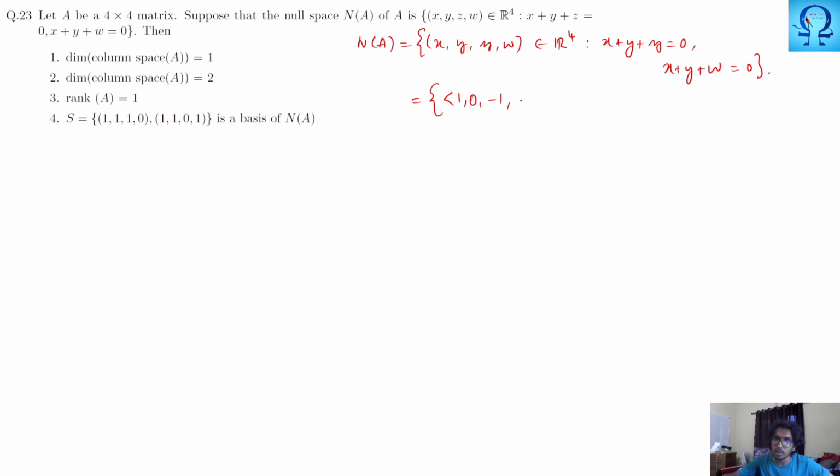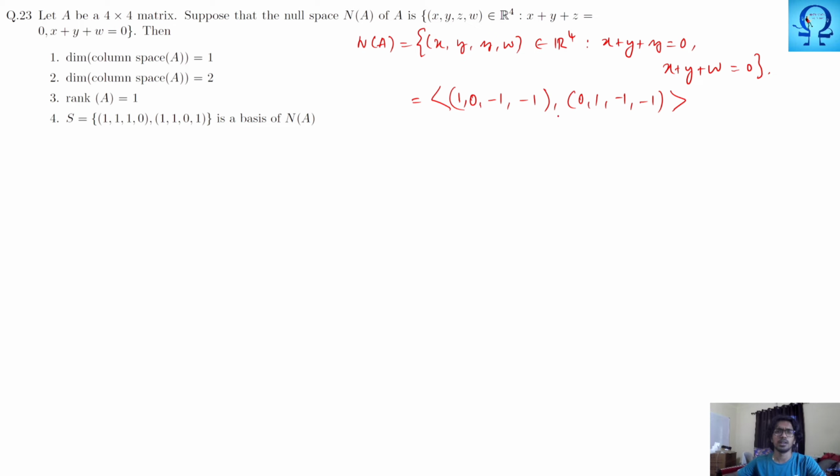And similarly, I would get minus 1 for w as well. Then if I put x is equal to 0 and y is equal to 1 in it, then I would have 0, 1, minus 1, 1. So this null space can be spanned by these two entries.